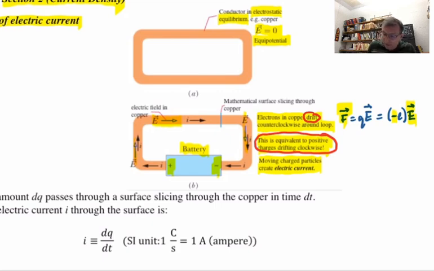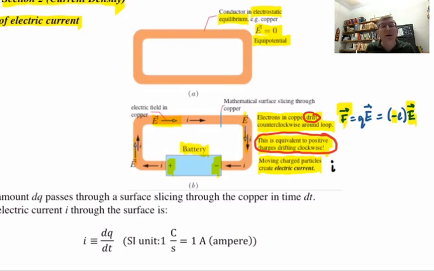Okay? And the symbol for electric current that our book uses is a little I. And so now you'll see in the picture there are a bunch of arrows pointing clockwise around this loop labeled I. That's our current. That is caused by hooking up the battery to the copper and creating an electric field in the copper.